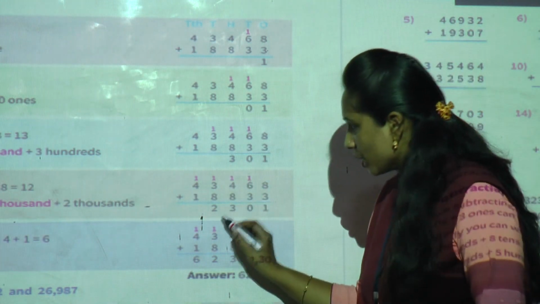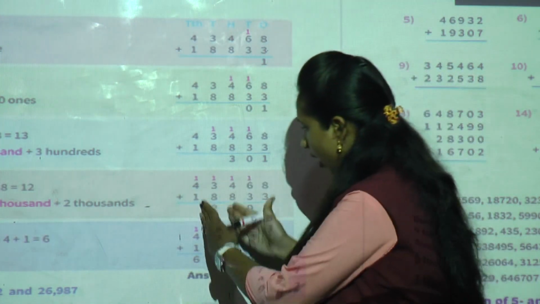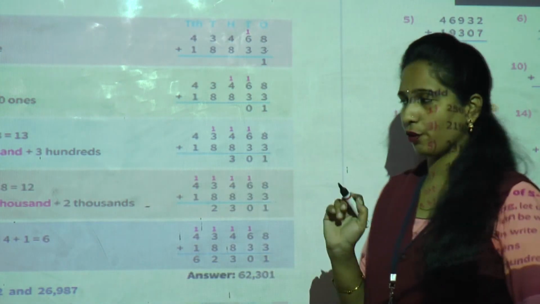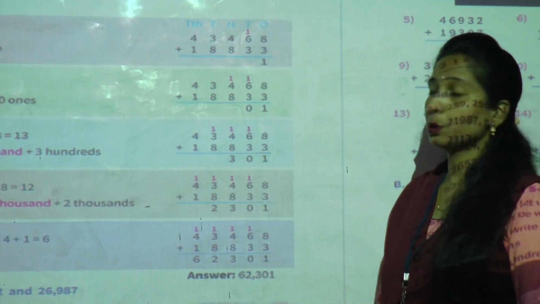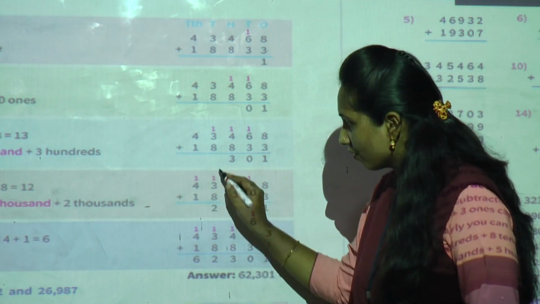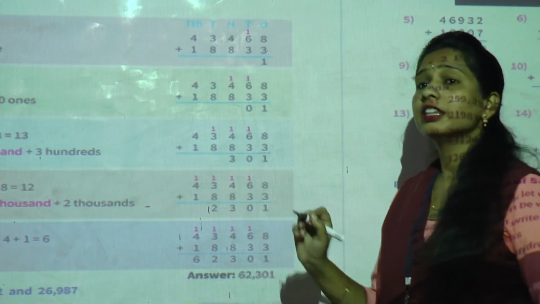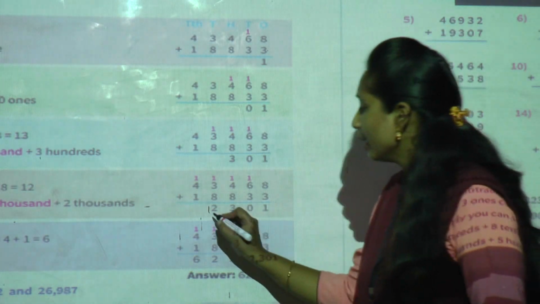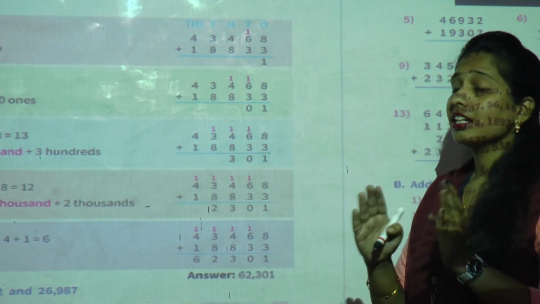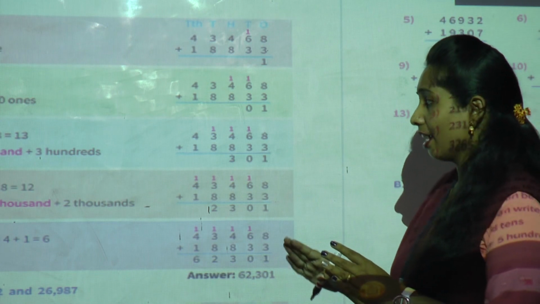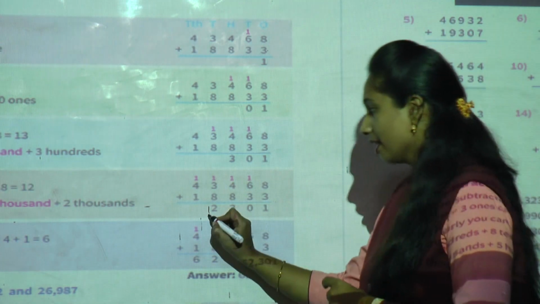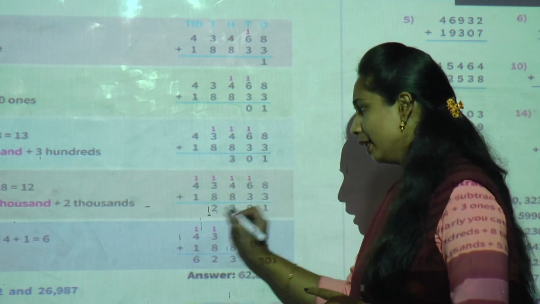Now we add the thousands place. 1 plus 3 is 4, 4 plus 8 is 12, so 12,000 is the answer here. In 12,000 there is 10,000 and 2,000.